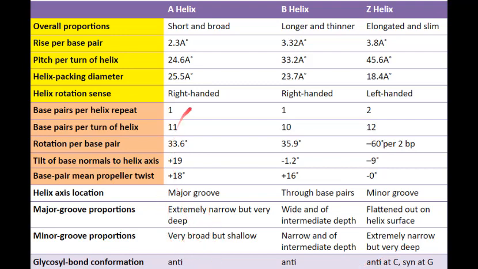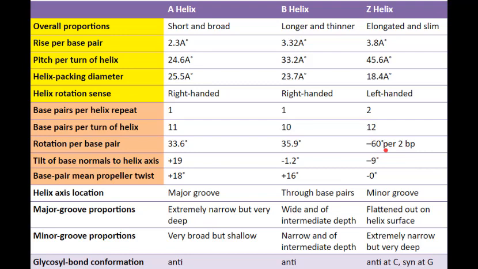Now when you see the base turns, measurement wise, there are 11 bases per turn, 10 bases per turn, and if you see the rotation per base, you divide 360 degrees by this 11, so you get the base rotation per turn. Obviously the base rotation per turn will be more in B-DNA, and here the base rotation is anti-clockwise.